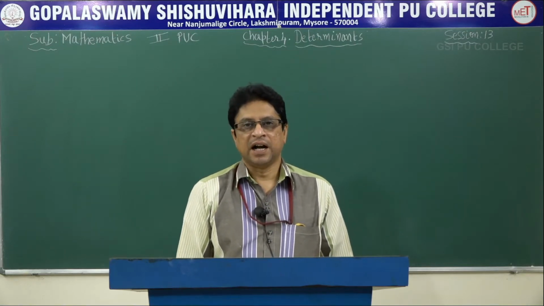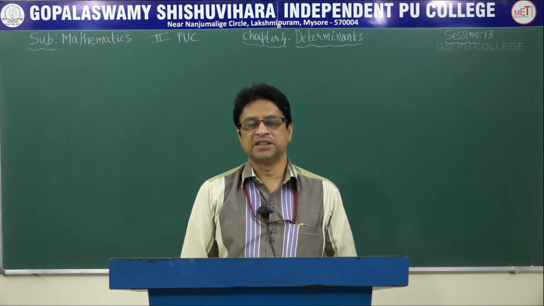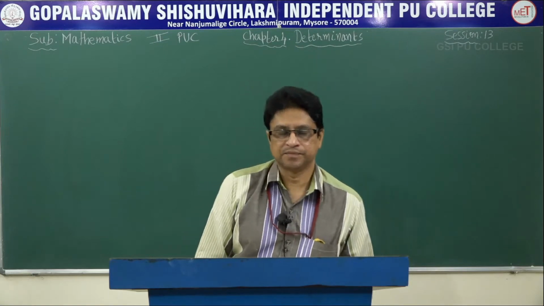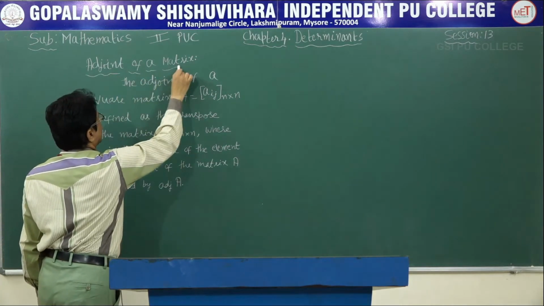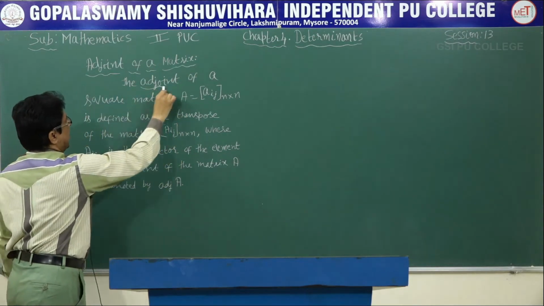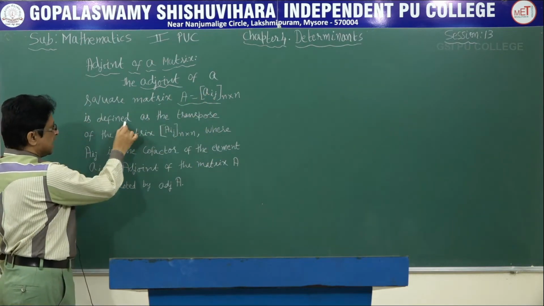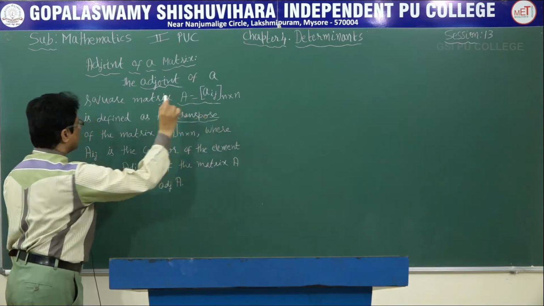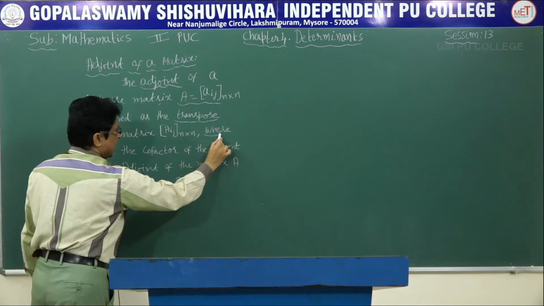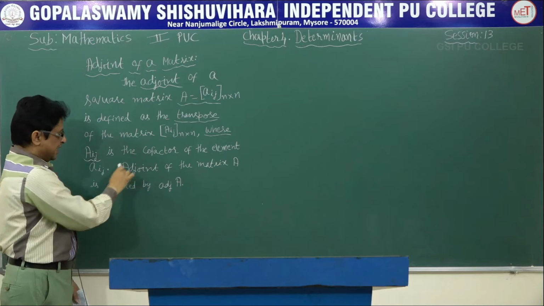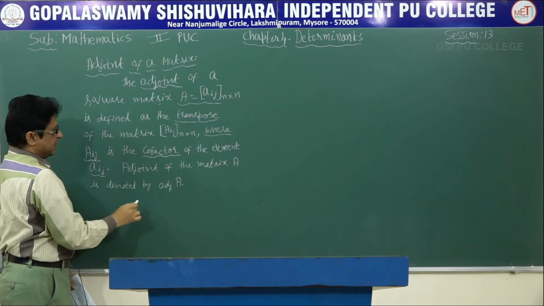In the last session, I discussed the minor and cofactor of an element. Today let us discuss the adjoint of a matrix. Let us define the adjoint of a matrix. The adjoint of a square matrix A equals [Aij] is defined as the transpose of the matrix [capital Aij], where capital Aij is the cofactor of the element aij.